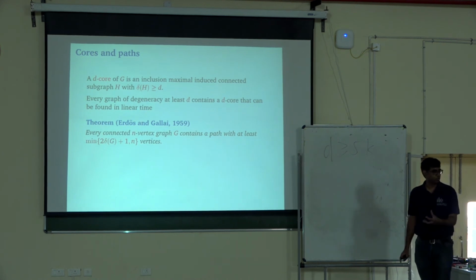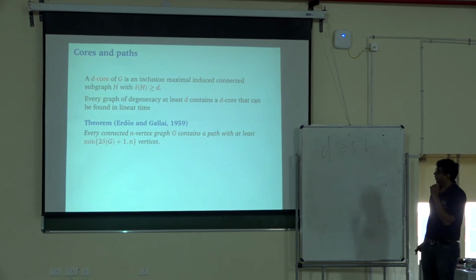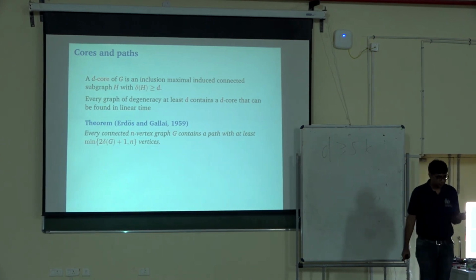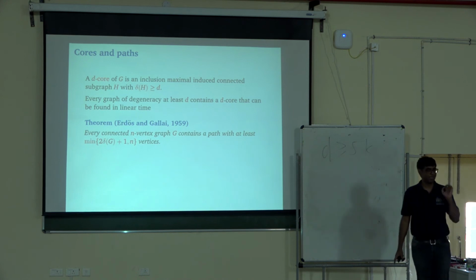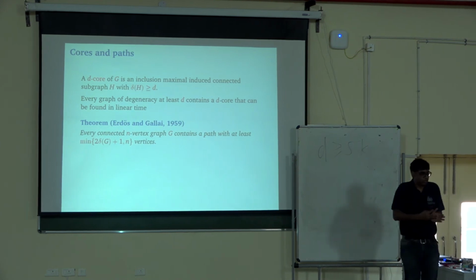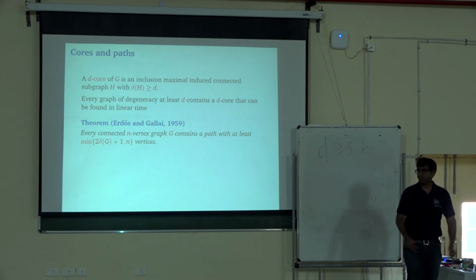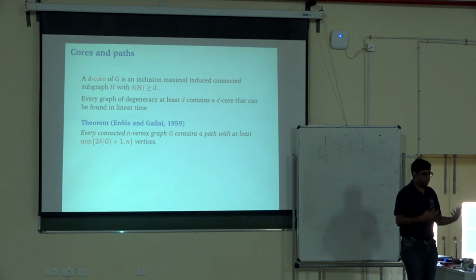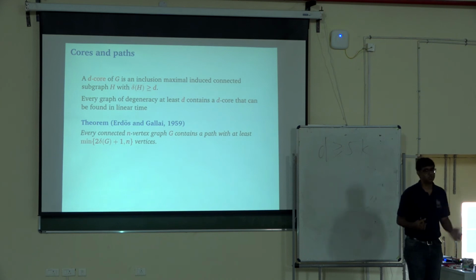Whichever is the minimum of these two, you have a path of this length. So if my core is too large, I can throw this theorem at it, because what is the property of a core? Every vertex has minimum degree D. So if 2D plus 1 is more than D plus K, then here is my core, I apply this theorem, get my path, and output. So this theorem allows us to assume that my core is not too large. If the core is too large, you are done because I have thrown this theorem.